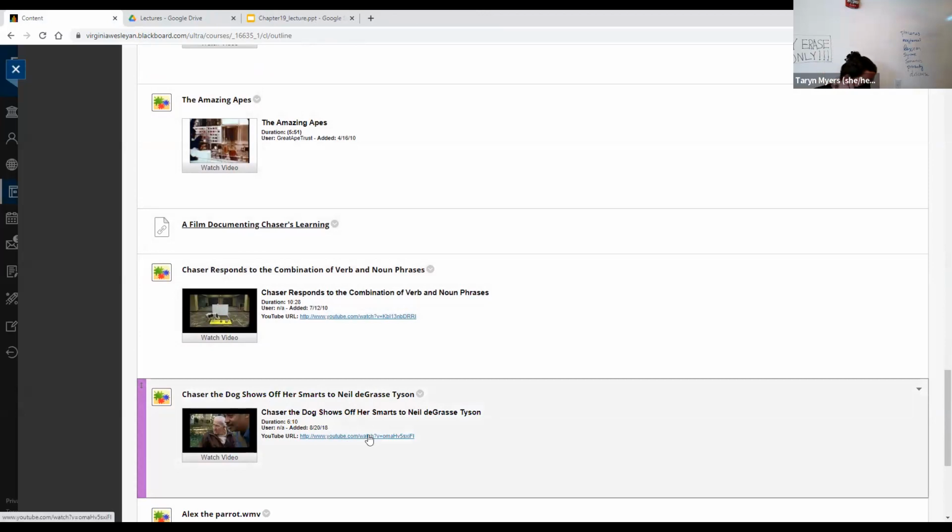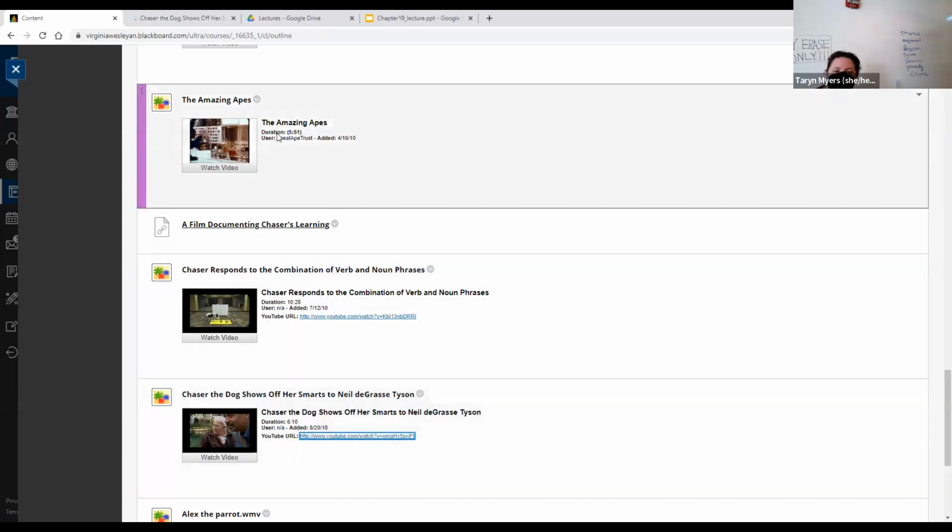I had the privilege maybe ten years ago while I was at APA to see a gentleman whose last name I'm forgetting, a doctor of comparative cognitive psychology, and he had a border collie. She has unfortunately since passed away. But he taught her over 1,000 words, and she could do really complex things with them. This is actually him showing her off to Neil deGrasse Tyson.